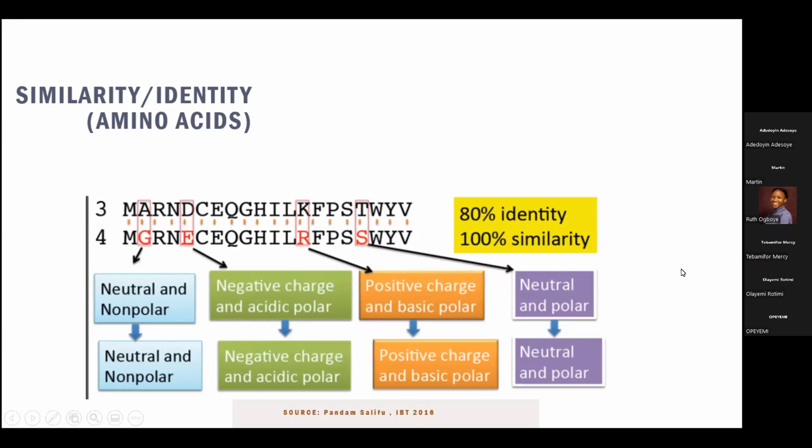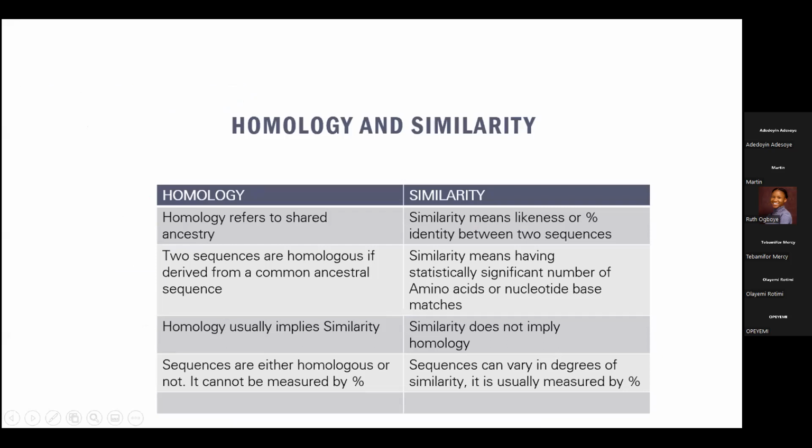So we're going to be looking at the difference between homology and similarity. Homology is usually referred to as shared ancestry. Similarity usually refers to likeness, something that looks like the other thing, or the percentage identity between two sequences.